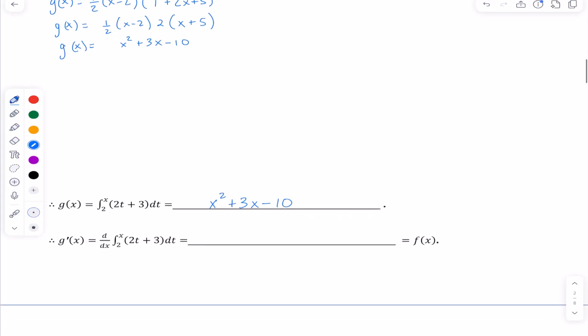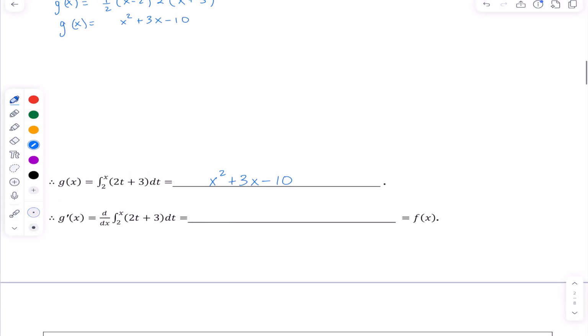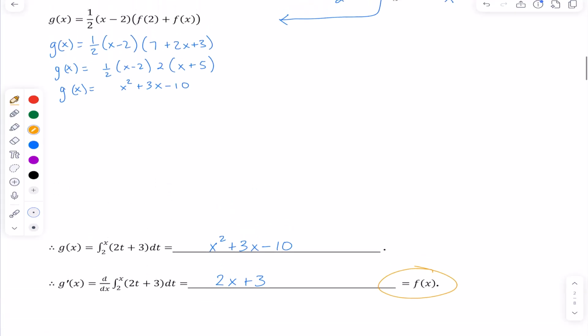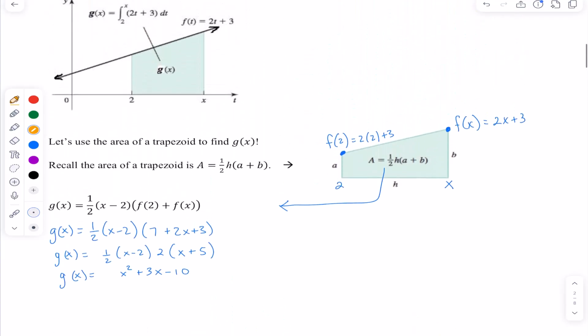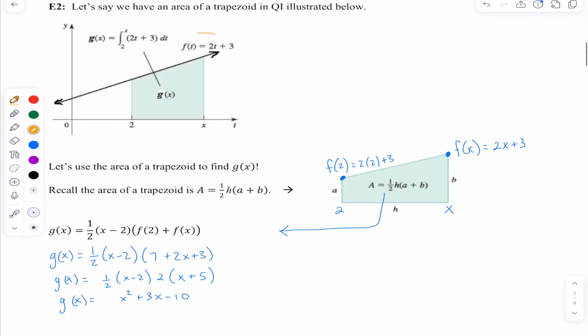Now what happens when you take the derivative of this g of x? You simply get 2x plus 3. But we know what 2x plus 3 is. That's another name for f of x. Remember, we were given the continuous function 2t plus 3.